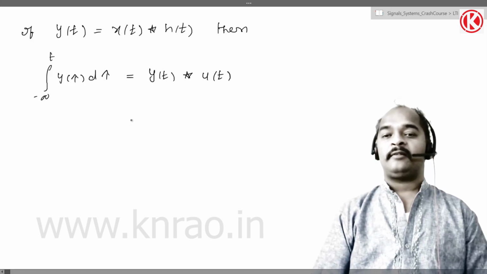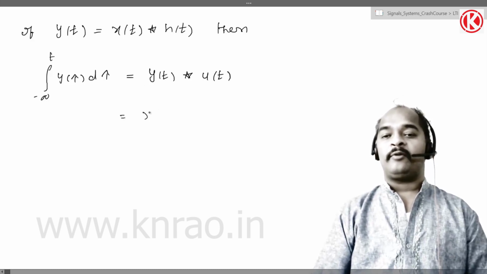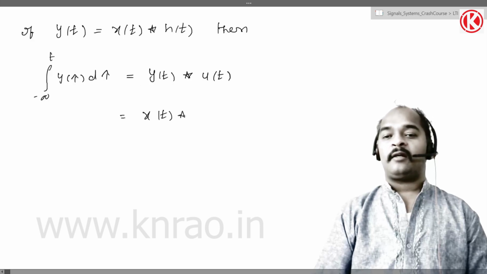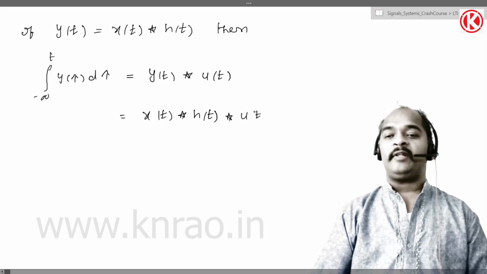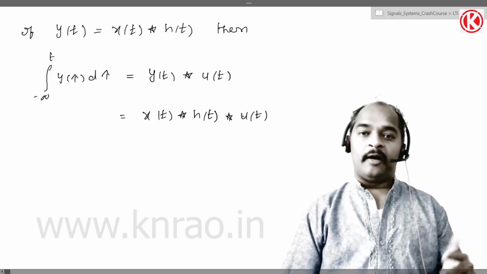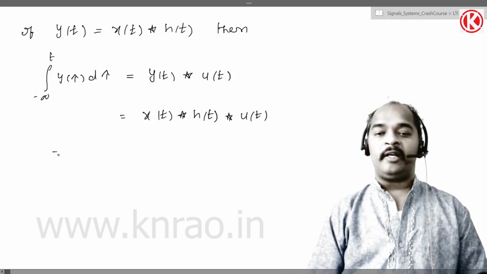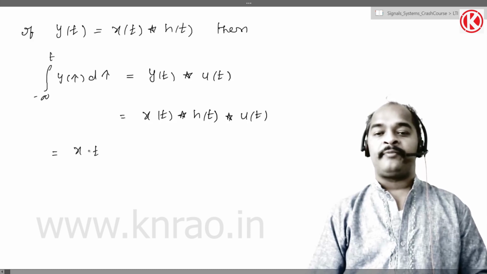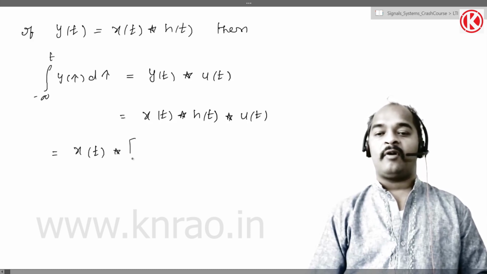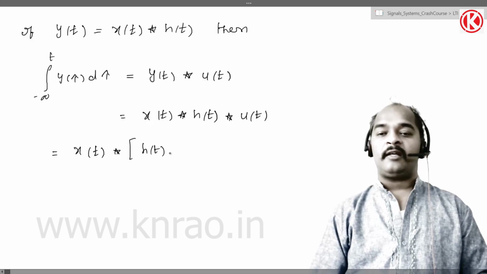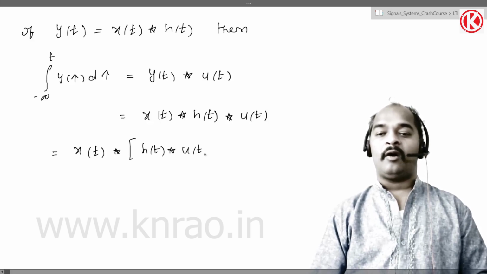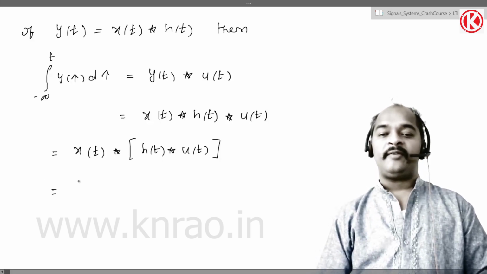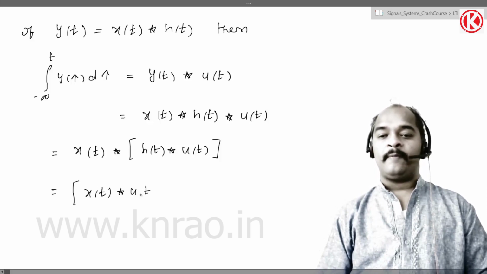Now let us write y of t as x of t convolved with h of t, and this is again convolved with u of t. By using the associative and commutative properties, this is the same as x of t convolved with h of t convolved with u of t, or the same as x of t convolved with u of t and then convolved with h of t.